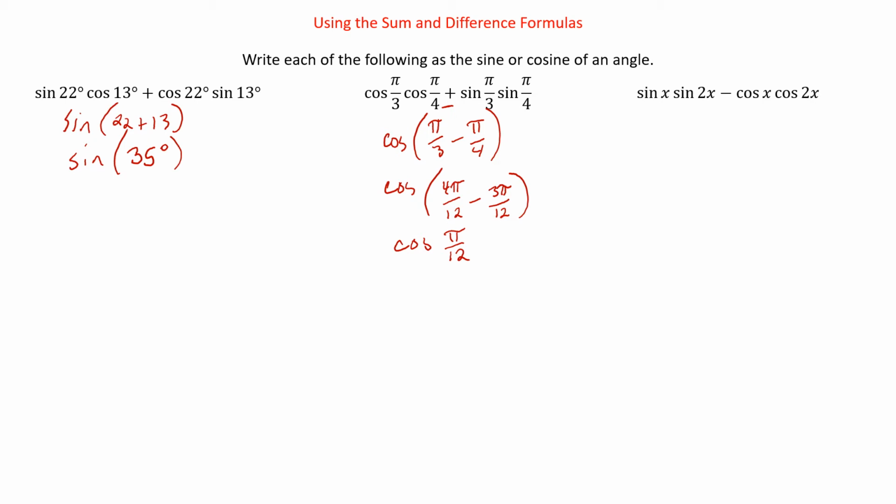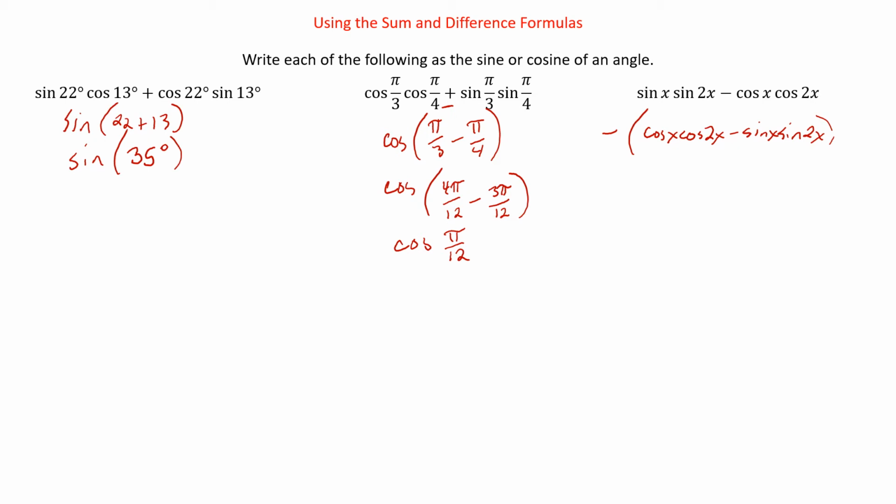Or this one, we have sine times sine minus cosine times cosine. We don't have sine times sine minus cosine times cosine. We have cosine times cosine minus sine times sine. So that's the first thing we'd have to do. We could factor out a negative here to get cosine x cosine 2x minus sine x sine 2x.